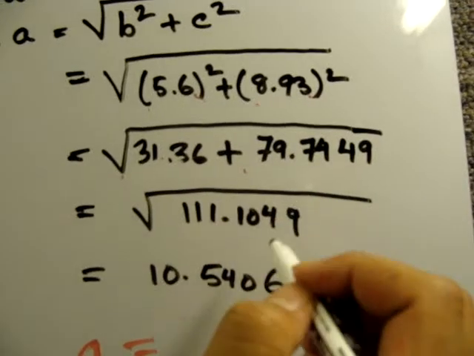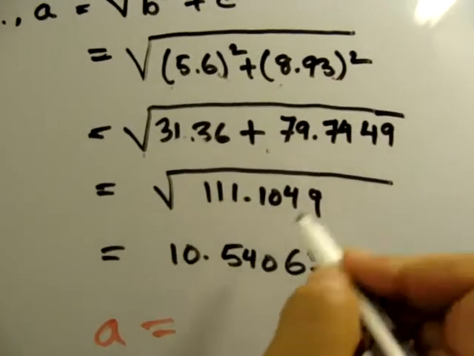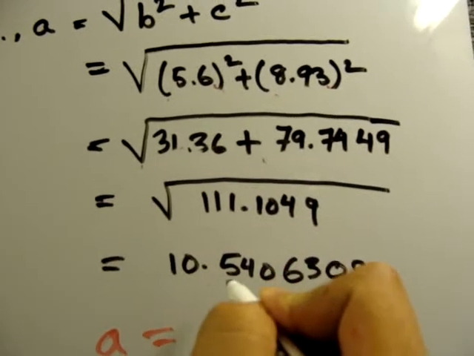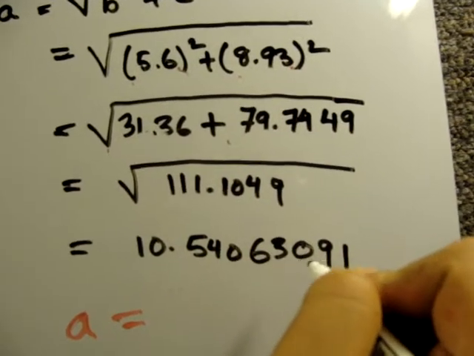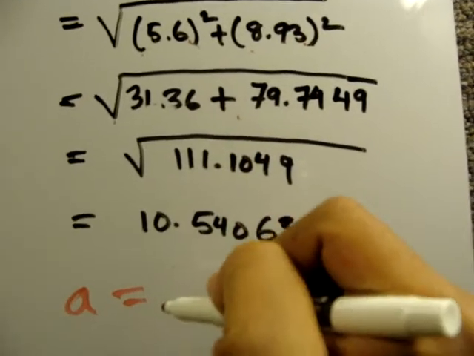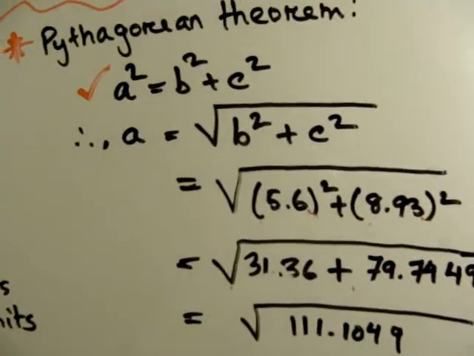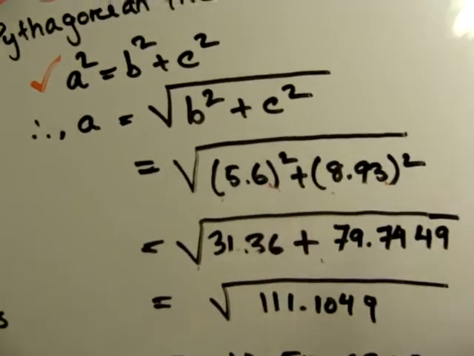Our next step is we add them, which gives us this, and then we square root it, and that gives us 10.54063091. But this is not a final answer, so we cannot write A equals this because we still have to do significant digits. So let's go back and see how we're going to do the significant digits.